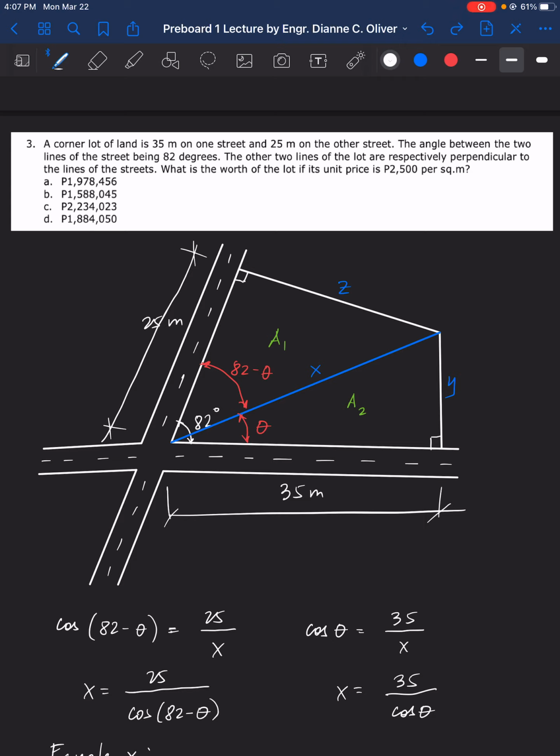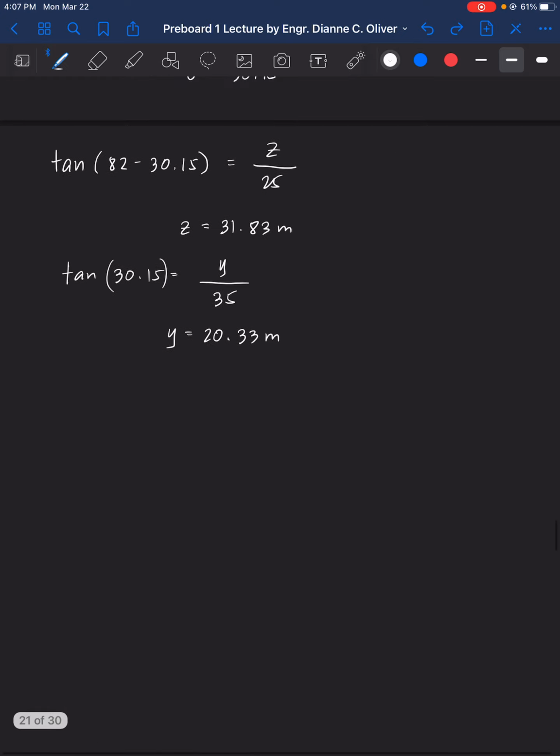Now that we have z and y, we can now get the area by using the area of a triangle, 1/2 base times height. For A2, we have 1/2 base times height. So area total is equal to A1 plus A2: 1/2 the base of 25 times the z of 31.83 plus 1/2 the base of 35 times the height of 20.33.